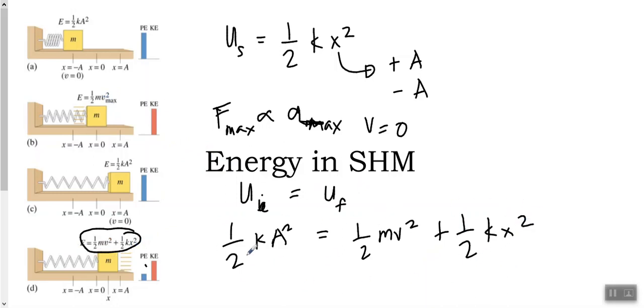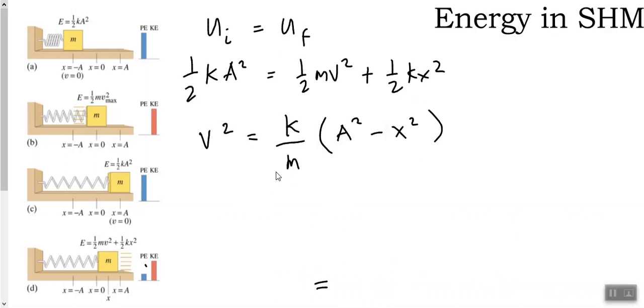So let's use that. We could factor out the 1/2 in here, and then we could isolate v squared. So if we isolate v squared, we would end up with this equation. And also we could derive some equations relative to that. So we can have v is going to be the square root of k over m times the square root of a squared minus x squared.